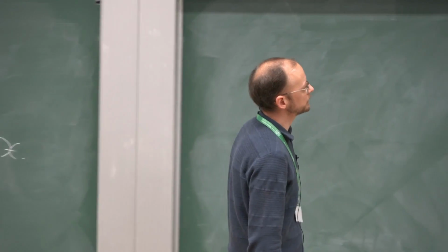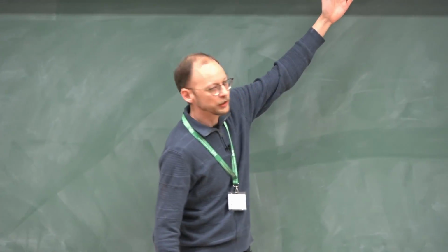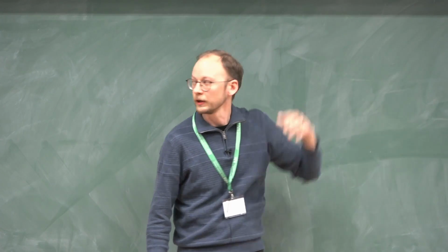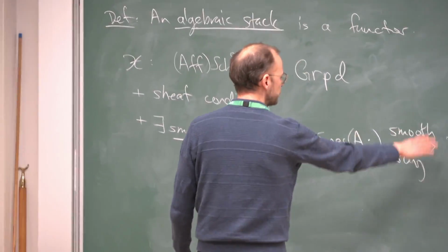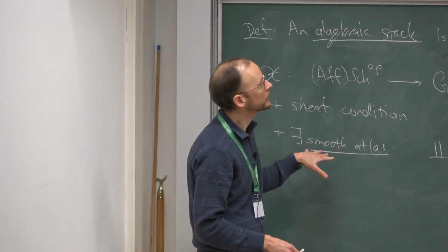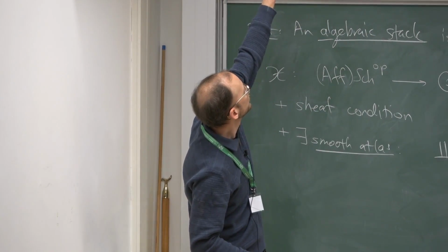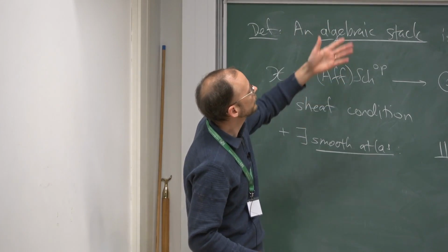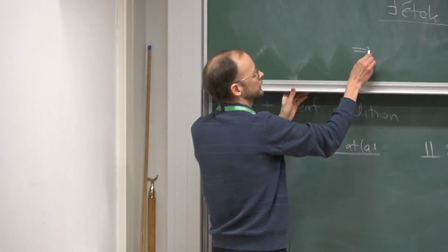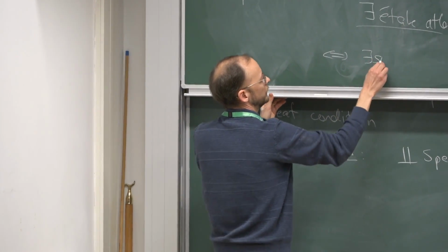And it turns out that having étale automorphism groups is actually the same as requiring that, instead of having a smooth atlas here, you can do with an étale atlas. So, more mimicking the case of algebraic spaces. Here, having an étale atlas is equivalent to having a smooth atlas.